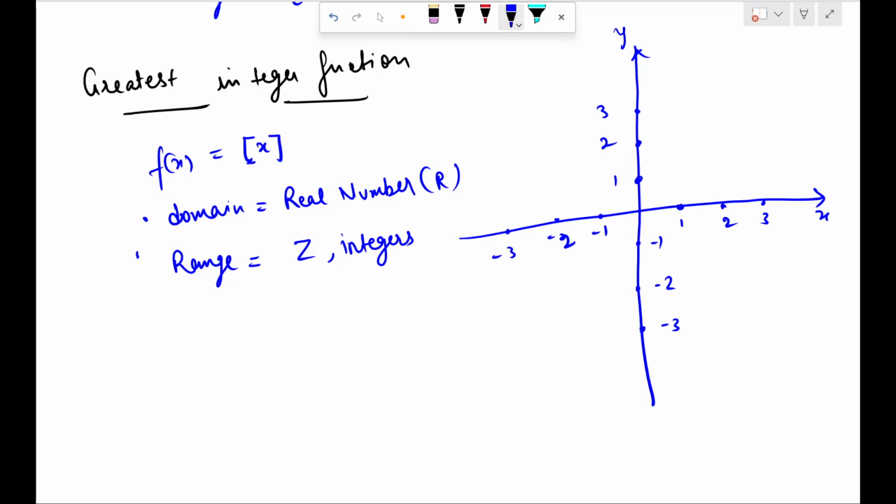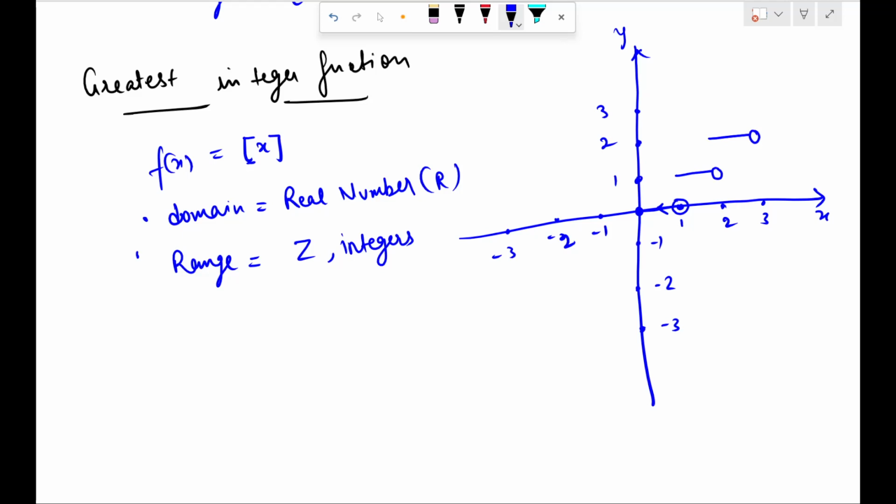So when x is between 0 and 1, the value is 0. So there is a hole at 1. When x is between 1 and 2, then f of x is 1. When x is between 2 and 3, then f of x is 2.